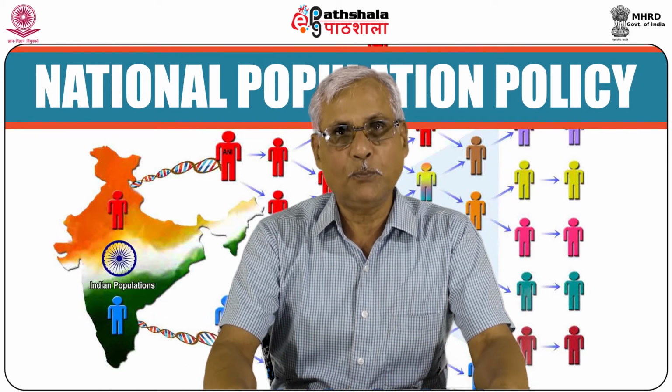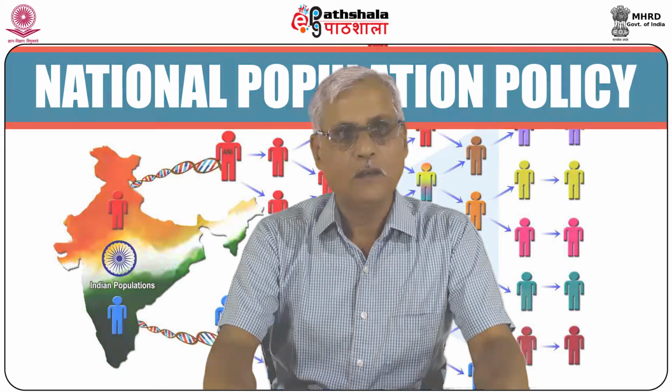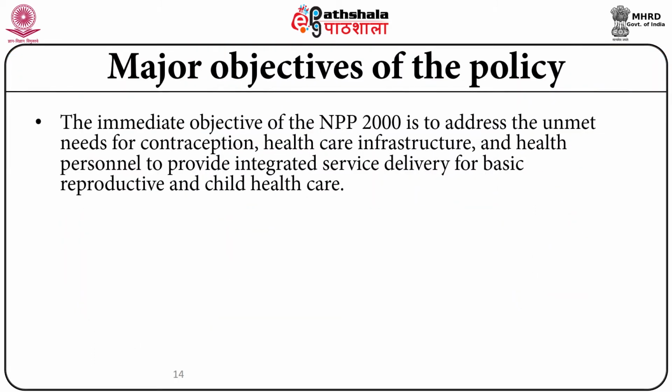Major objectives of the policy are: the immediate objective of National Population Policy 2000 was to address unmet needs for contraception. By that we mean that many couples are willing to adopt family planning, but somehow they are not adopting. It means they are motivated, but unless health services take care of them, they will not adopt family planning.